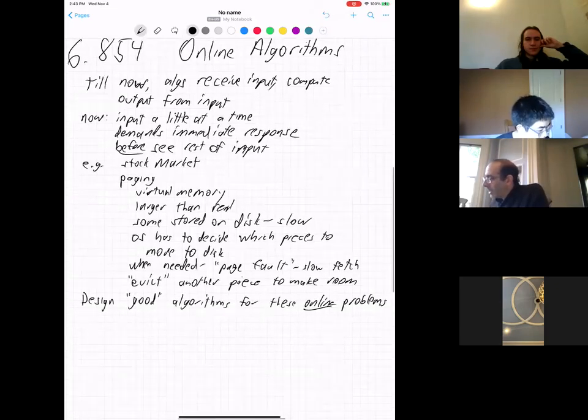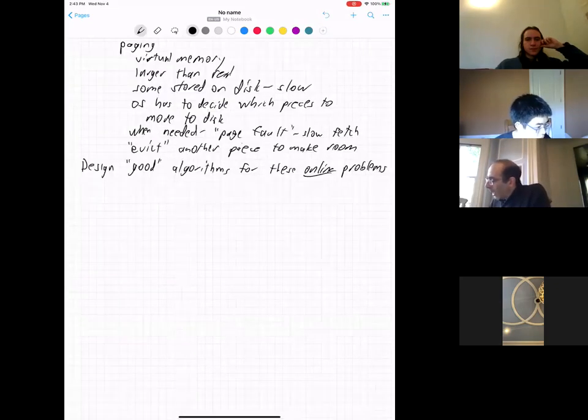So just to add some formalization there, we are going to model this as an input sequence, sigma, right, which is a series of symbols or inputs or whatever you want to call it.